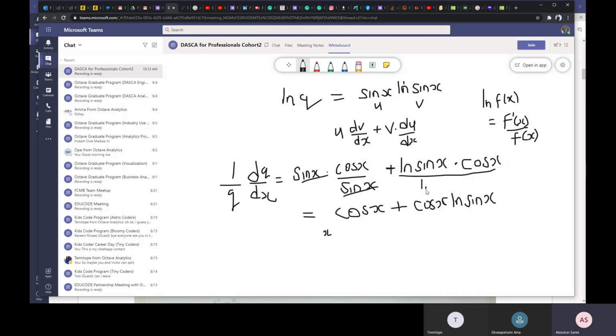They will say it's ln sin x cos x. They will not bring it together. It is not so. This is wrong. The cos x is going to come to the front. So don't be tempted. Maybe you have something like ln x times x, for example. You are not going to write ln x squared.